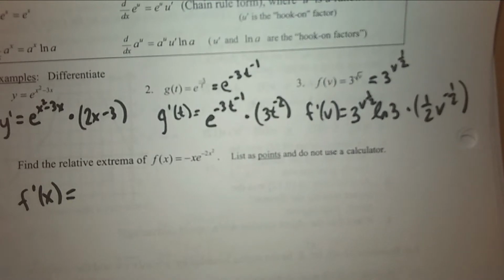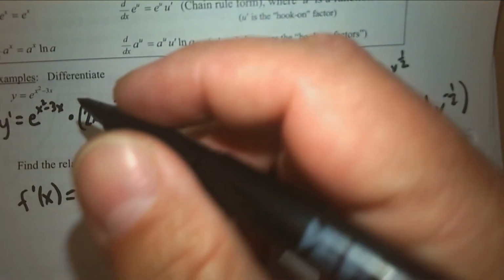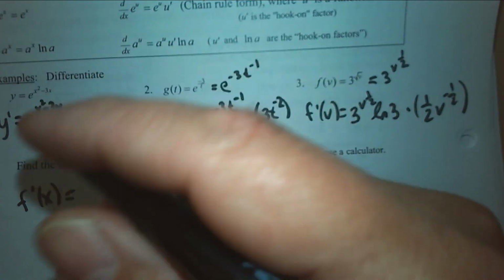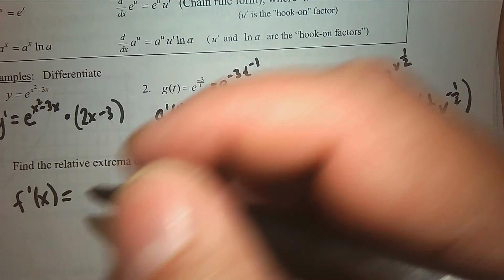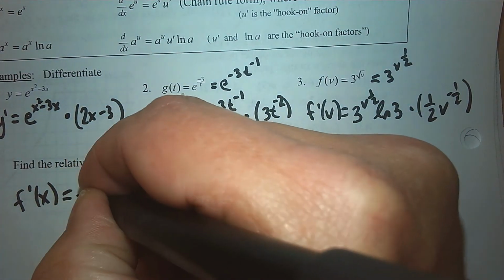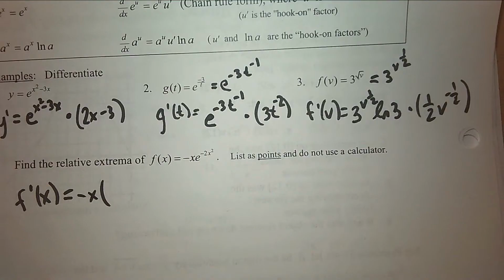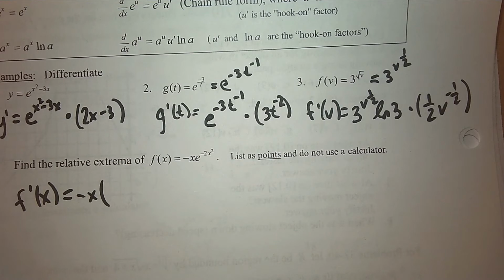What would be the first term? Negative x. What's the second term? They're being multiplied, right? What's the product rule? First term times the what? What's the derivative of the second?